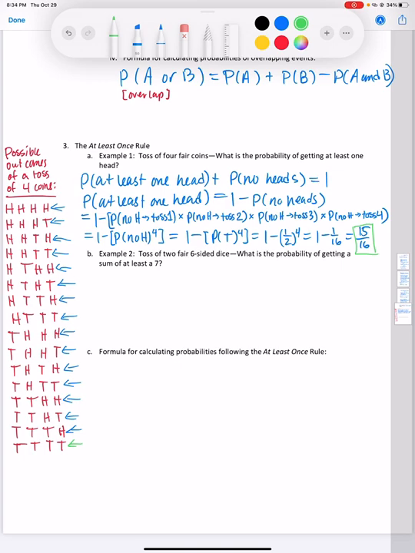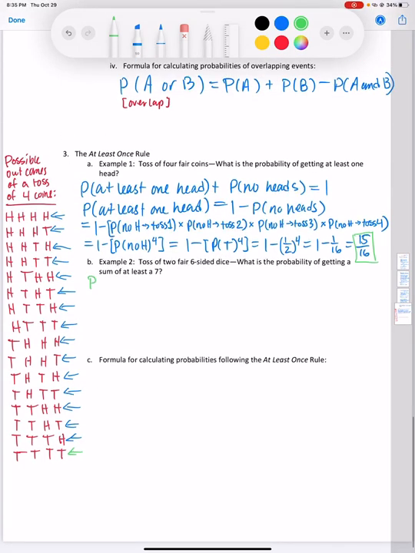Let's take a look at this one with the toss of 2 fair 6-sided dice. When we throw 2 fair 6-sided dice, what's the probability of getting a sum of at least 7? So the probability of at least 7, you could get a 7, an 8, a 9, or a 10. We're going to add that to the probabilities of all the other ones.